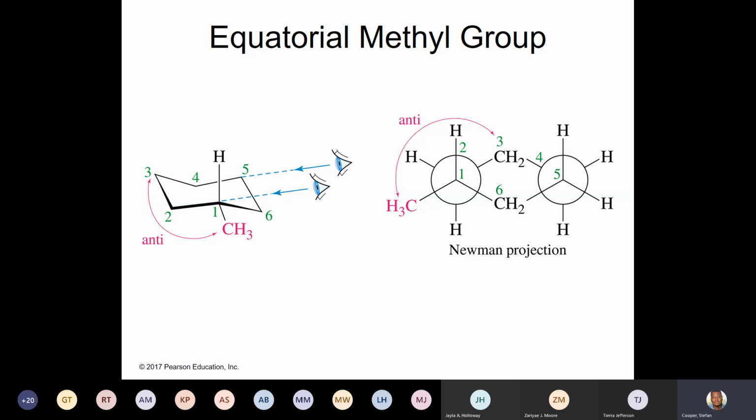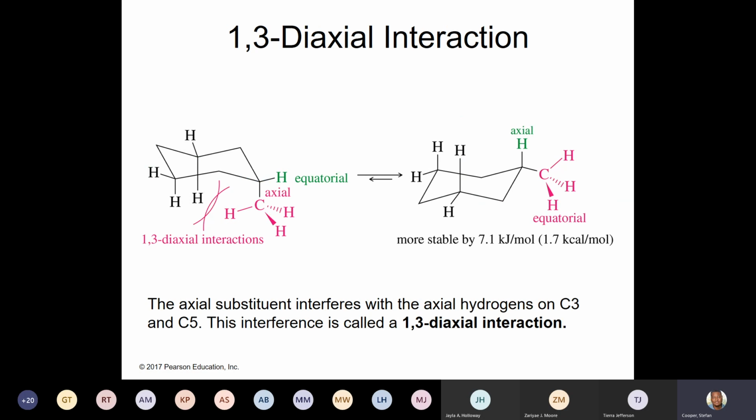Let's talk about a very bad thing that happens. There's something called a 1,3 diaxial interaction. If I label this carbon 1 right here, this will be 1, 2, and then 3. If you have an atom axial here and an atom also axial on carbon 3, I get the 1,3 diaxial interaction.